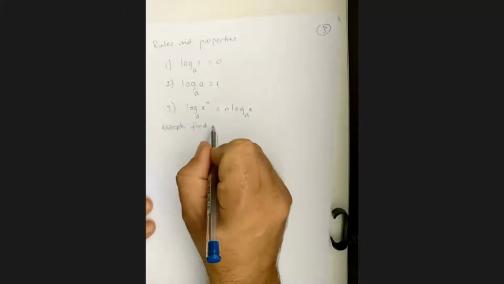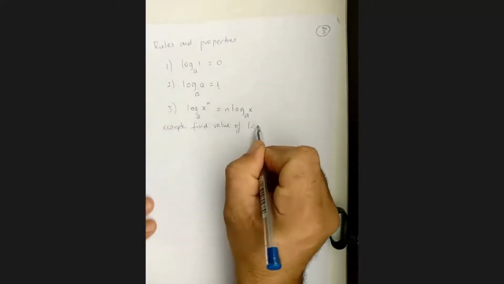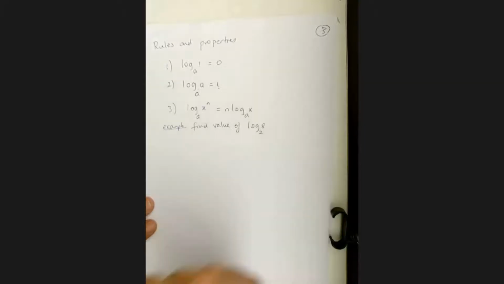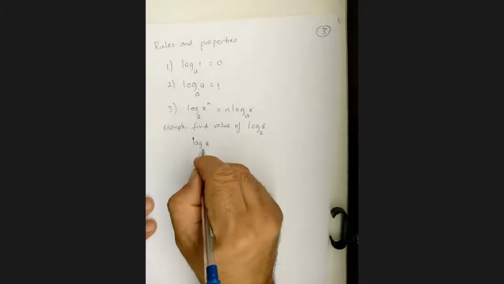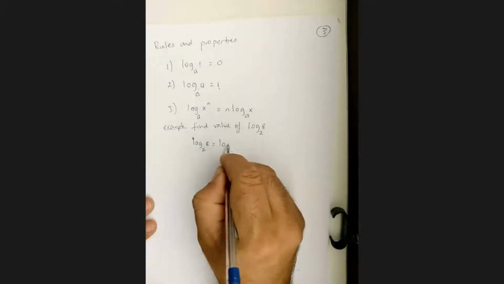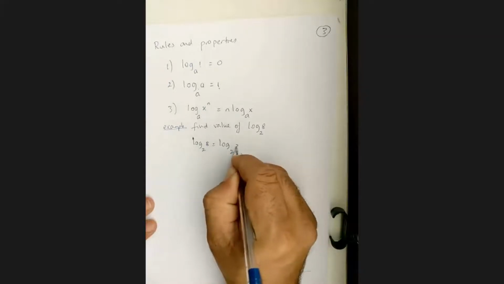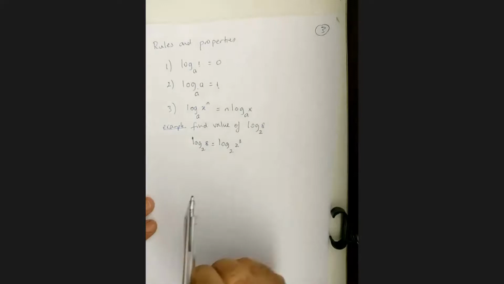Find value of logarithm of 8 to base 2. Instead of 8, I am going to write it as cube of 2. 8 is equal to cube of 2.